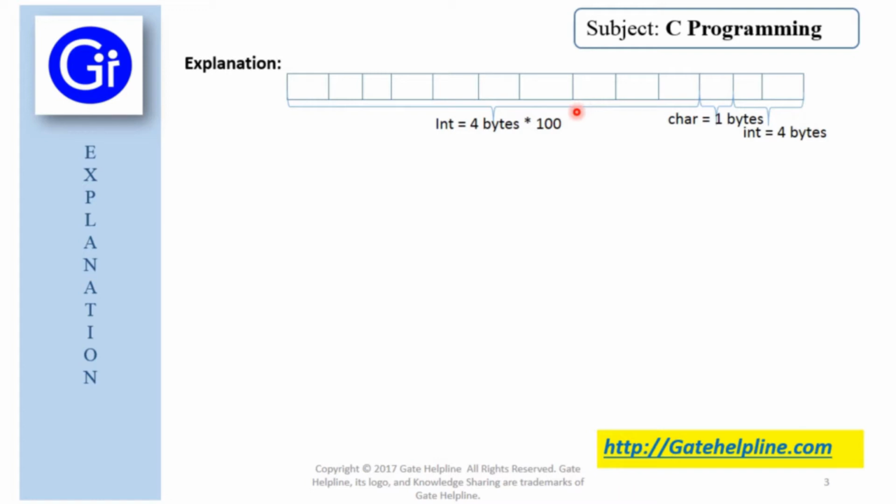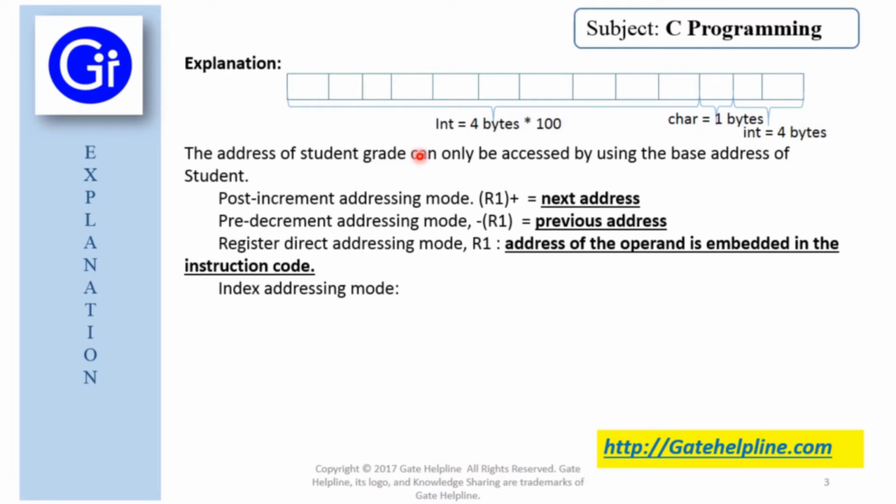So the address of student grade can only be accessed by using the base address of student. This one is the base address, and this is the displacement we need to cover to access this grade character. So we will see all the options one by one whether they are correct or not.